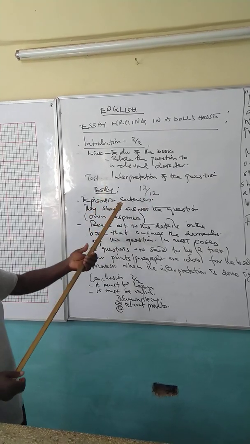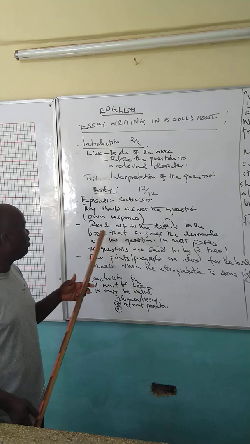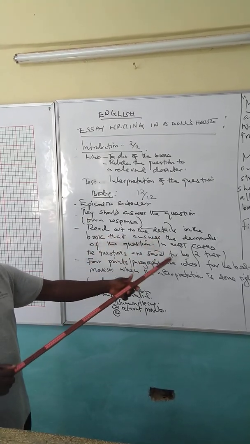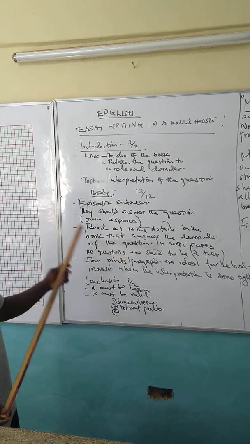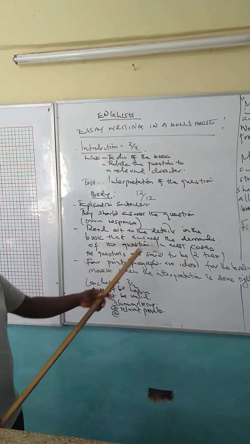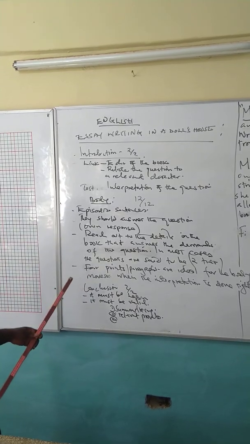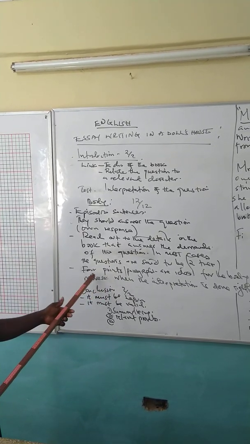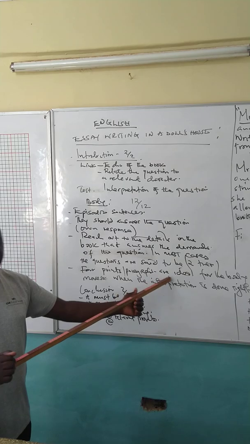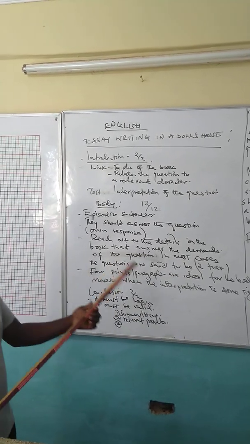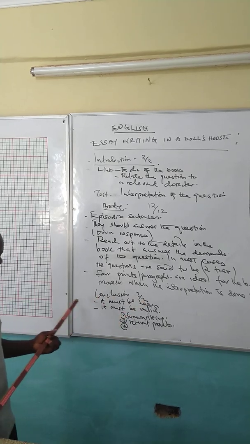Then in every question that we give, in the body we'll want to see the candidate reaching out to the details, the demands of the question, and supply the details that point to those demands. Now, these points must be given in at least 4 paragraphs, but we advise that 5 or 6 paragraphs can do.